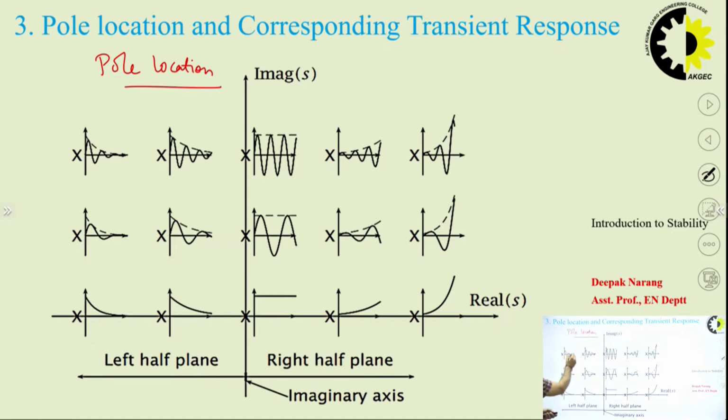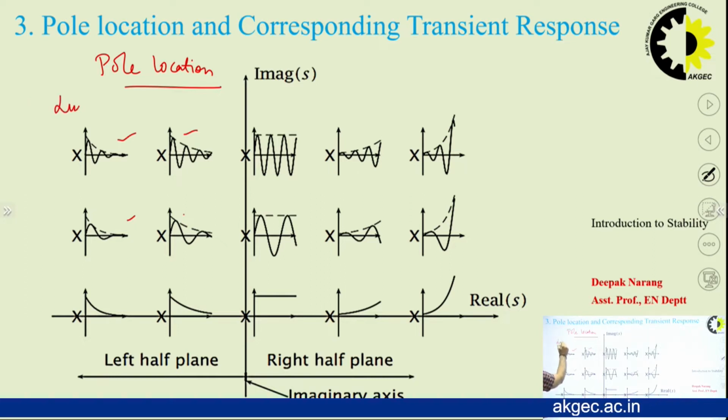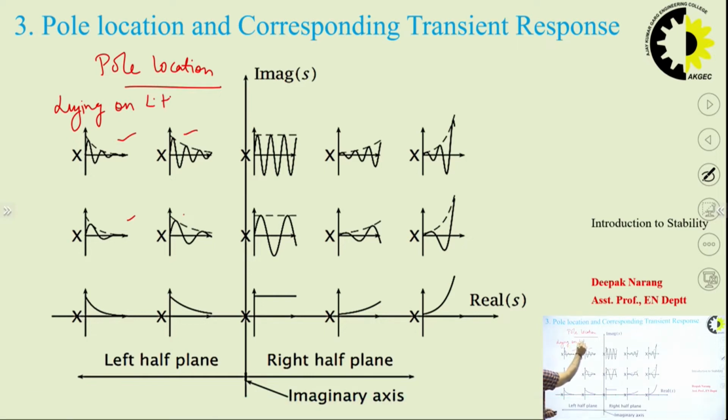So these are the responses which we are getting because of poles which are lying on the left hand side of the S plane.